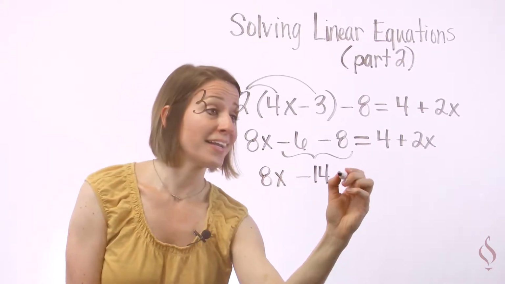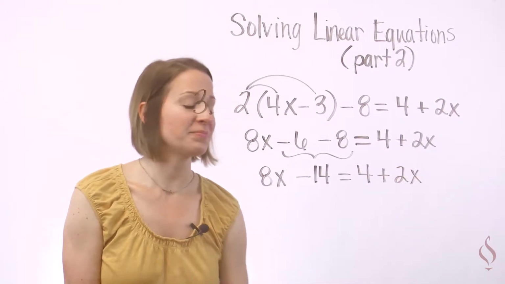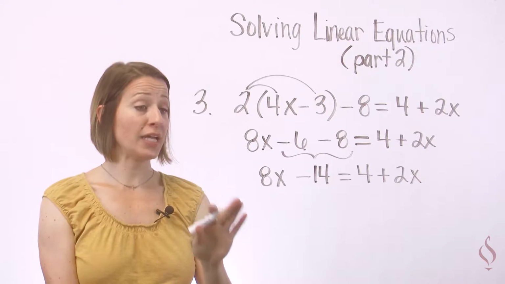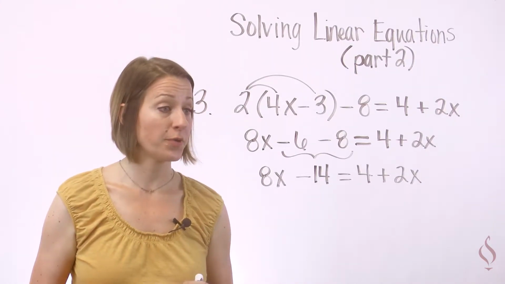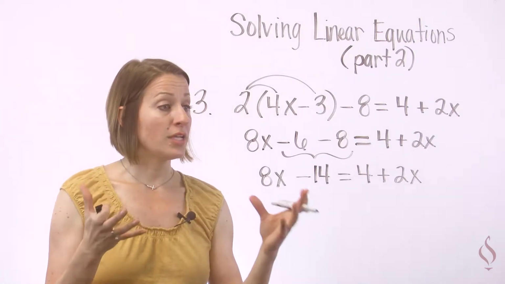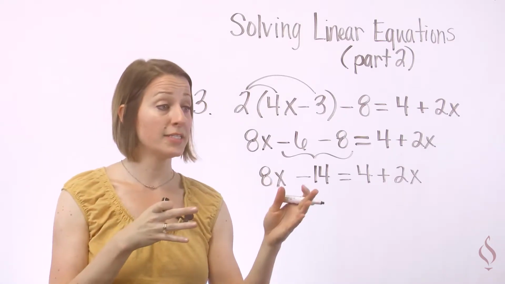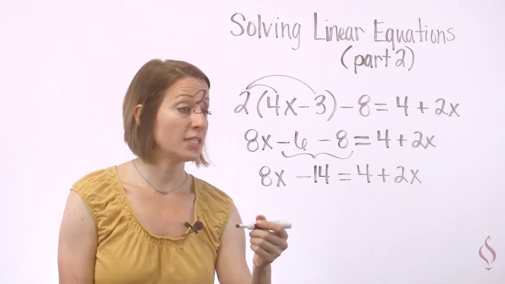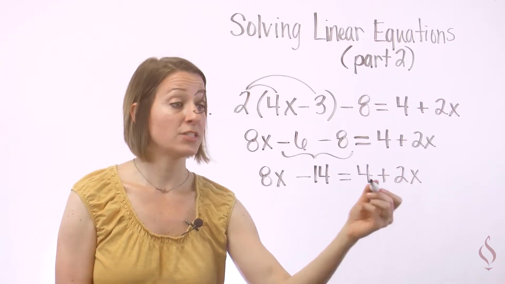All right, I'm going to rewrite it again. I like to keep everything nice and neat. Okay, so now we're down to 8x minus 14 equals 4 plus 2x. Okay. Now you need to decide if you want the variables to the left side or to the right side. I prefer going to the left, so I'm going to take this plus 2x and subtract it.